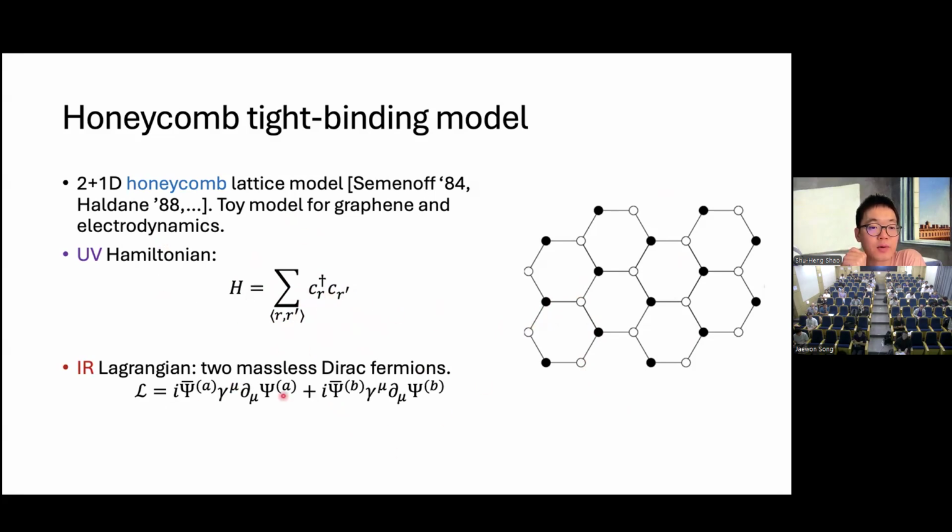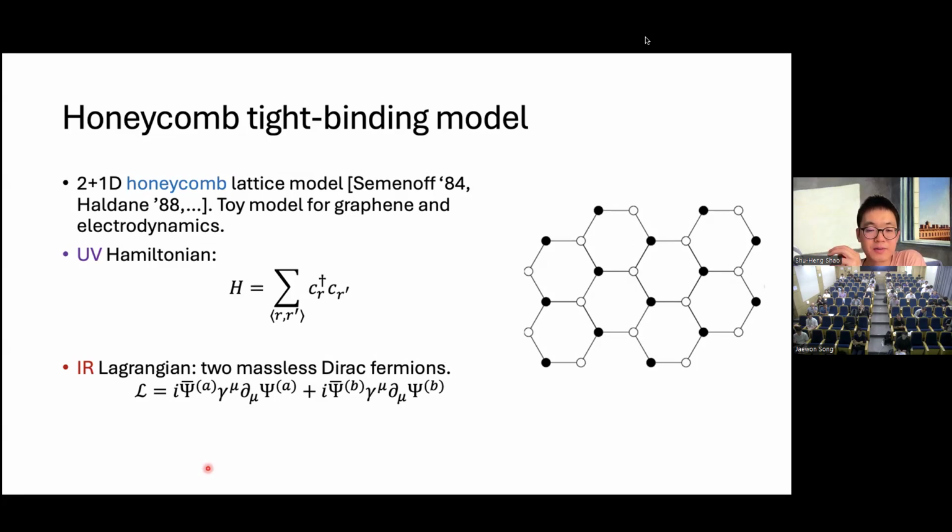What is the IR Lagrangian? The IR Lagrangian this time is two massless Dirac fermions. This time we actually have a doubling problem.